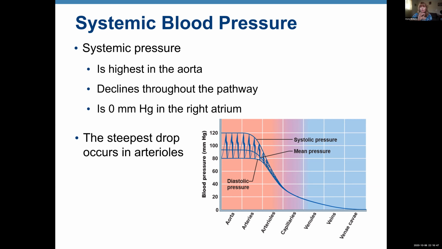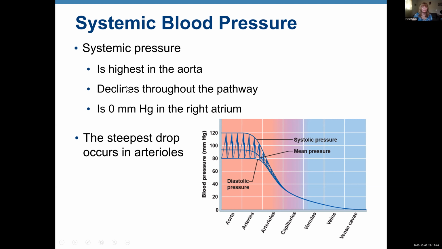That's our systemic circulation. Pulmonary circulation is when your heart pumps blood low in oxygen and rich in carbon dioxide to your lungs, and then blood returns from your lungs back to the heart, now rich in oxygen. So that's pulmonary, right? We're talking about systemic blood pressure over here.